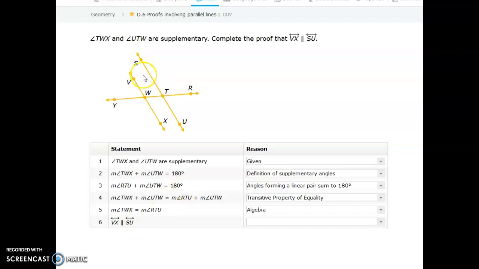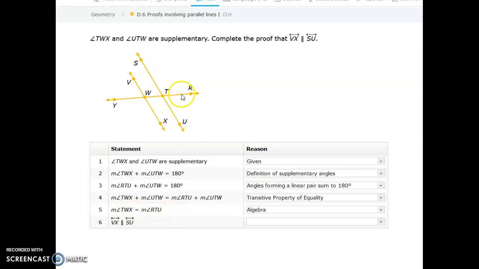Okay, so line VX is parallel to SU. Okay, so if those lines are parallel, I'm going to look back at the previous line and I'm going to go look at these two angles in the figure and see if I can determine what type of an angle pair this is.